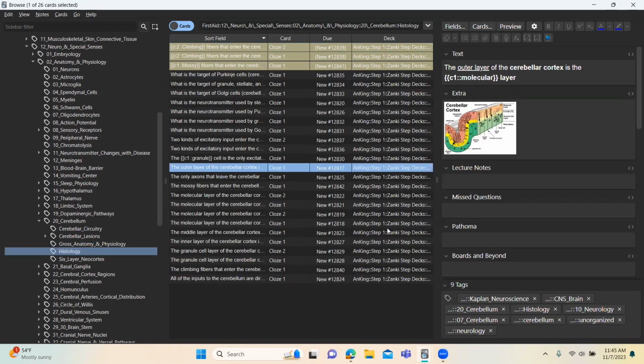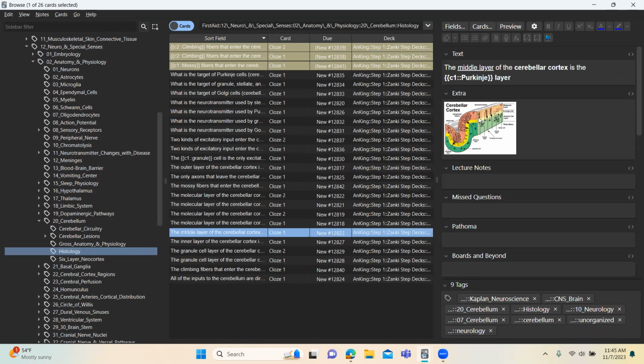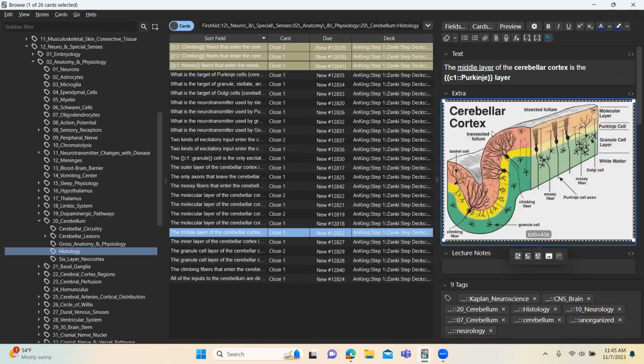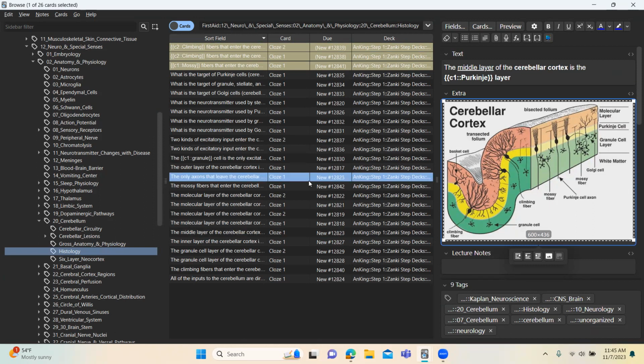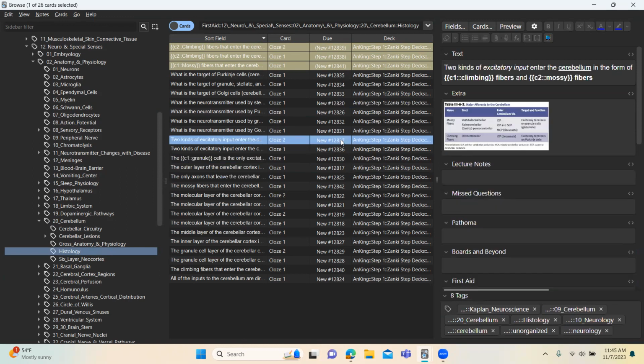And then go to histology, and this includes ones that were from last week on the histology of it. So if you remember, you have your molecular layer, your Purkinje cells, your granular layer, the white matter. This is all really helpful, and it does get a little specific.